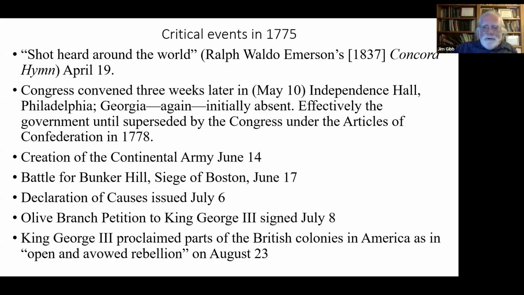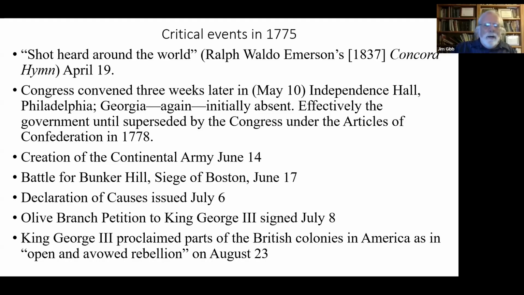But on August 23rd, King George III proclaimed parts of the British colonies in America in open and avowed rebellion. So he's saying, okay, we now have a civil war here. He may have seen these documents, including the Olive Branch Petition, but he didn't receive them officially while he was on the throne, as the phrase goes.